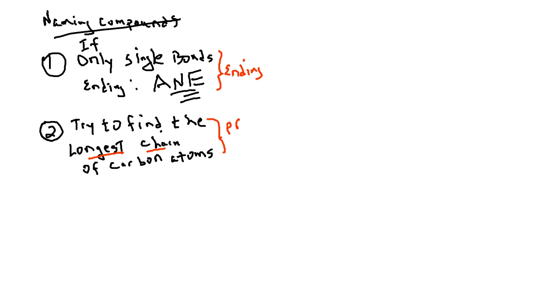The next thing we need to do is, if I have substitutions, we have to list the substitutions. When I say substitutions, we start out with everything hydrogen, hydrocarbons, so we're going to put substitutions for those hydrogens. List the substitutions alphabetically.